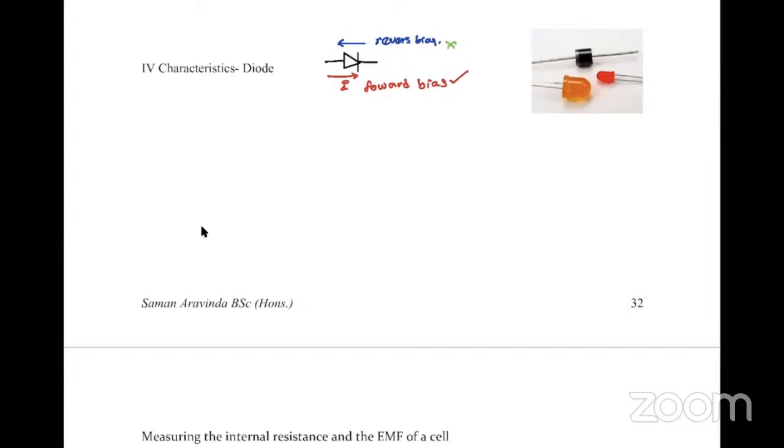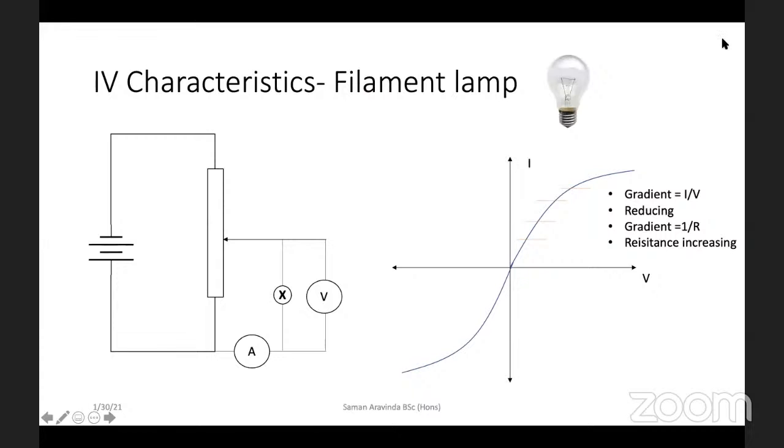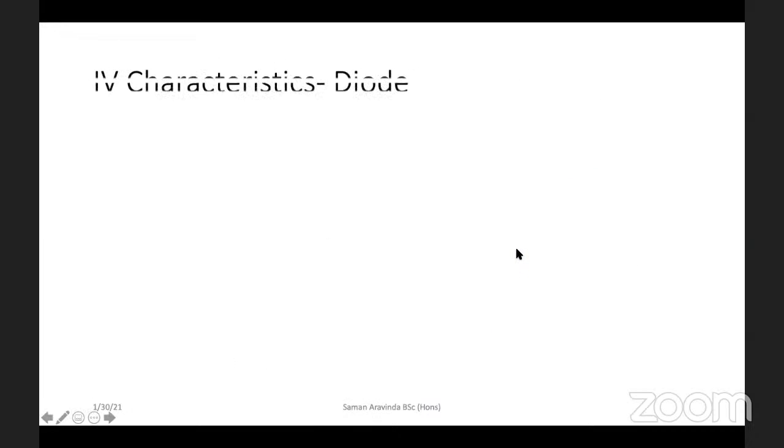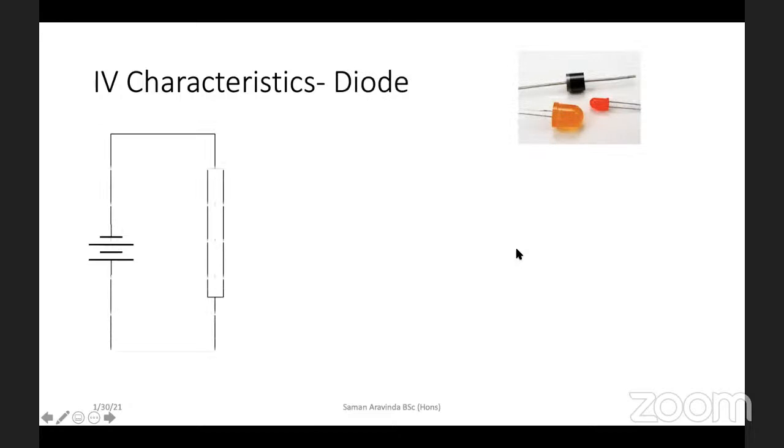Now let's see the circuit. Can you guess? Just replace the bulb with the diode. But there is a small thing that you need to consider. When a diode is used, the diode is a sensitive device.